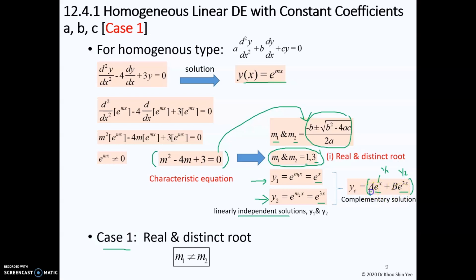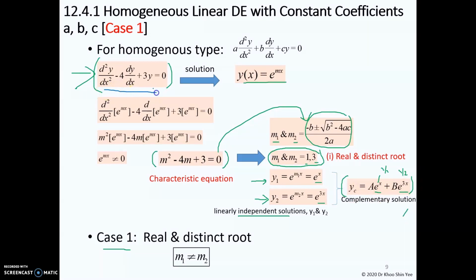Here, a and b are arbitrary constants. If you don't like the a and b coefficients, you can also use other coefficients to represent the constants. With that, we succeed in solving the homogeneous equation, and the solution is the complementary solution.